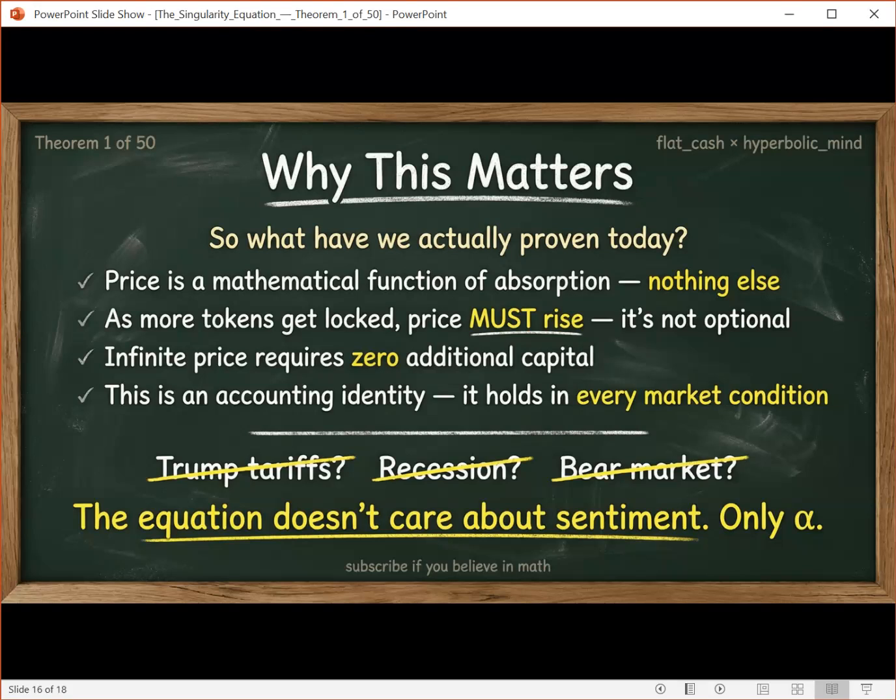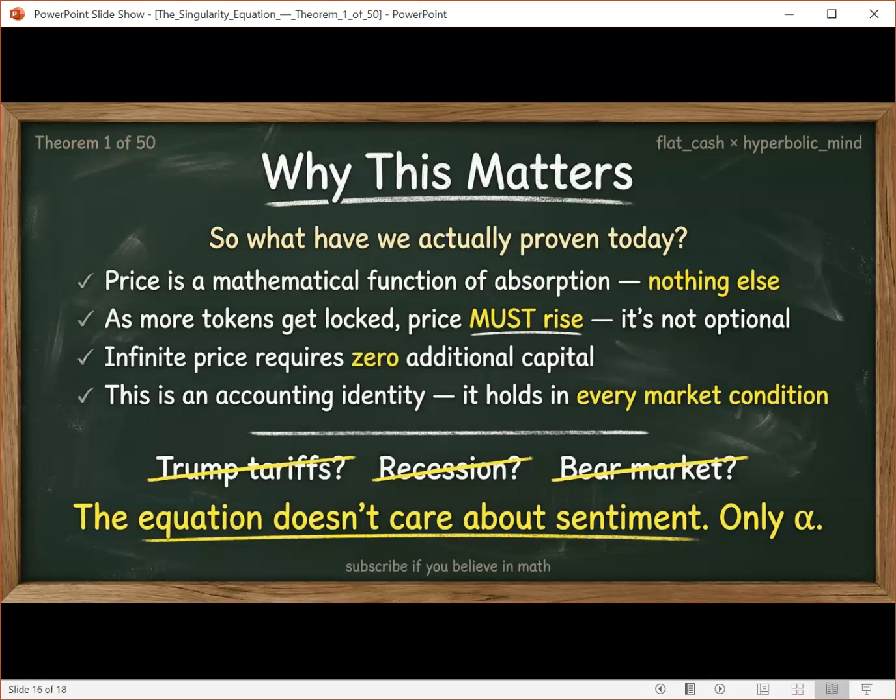But what the math is saying for us, for flat coin here, is that if you purchase SAVE token, it does not care if there is a third world war happening or if the Bitcoin price dropped. None of those things matter. The price is going to follow the path of a parabola, and there is no other force that can change it.